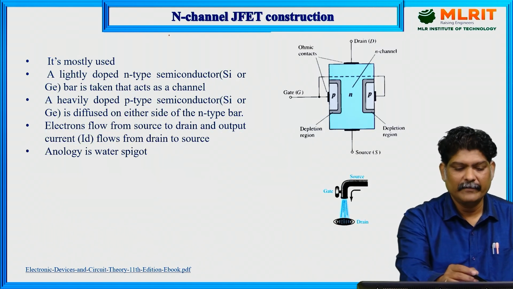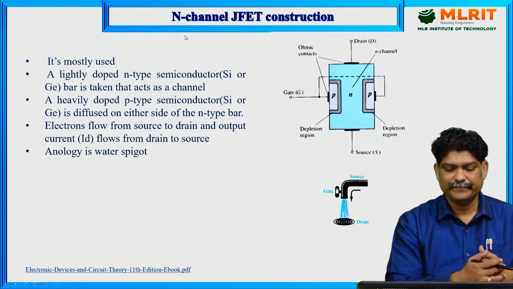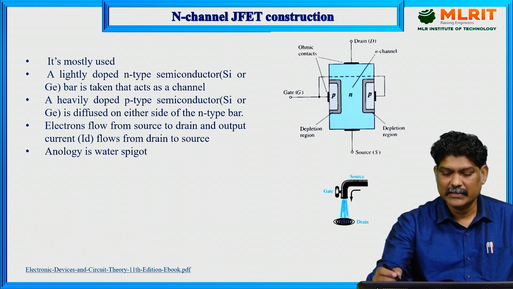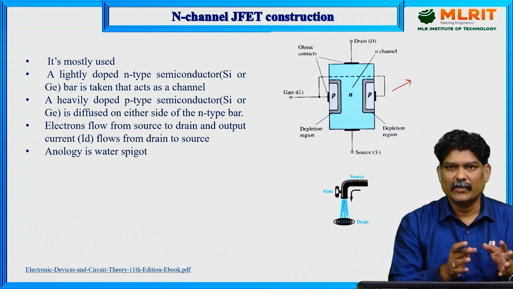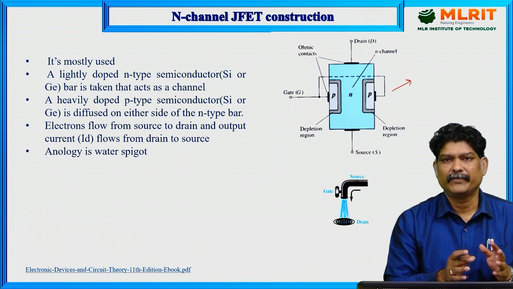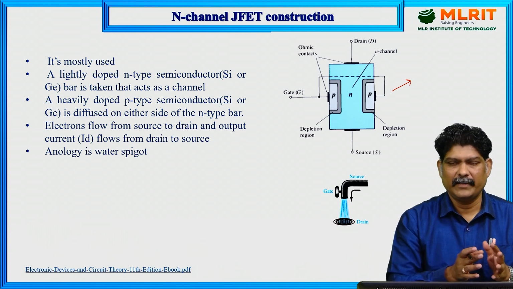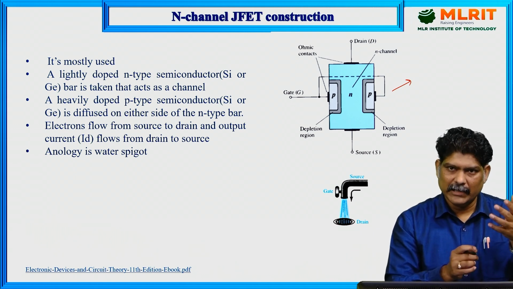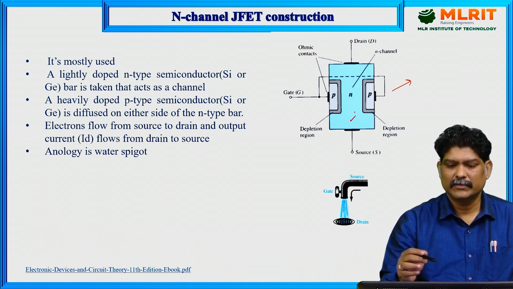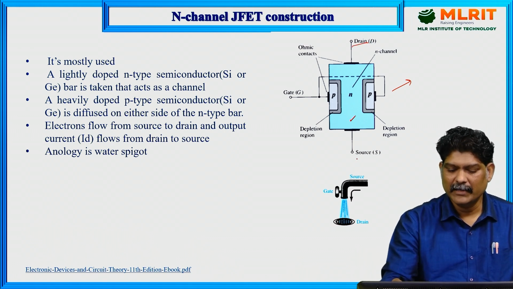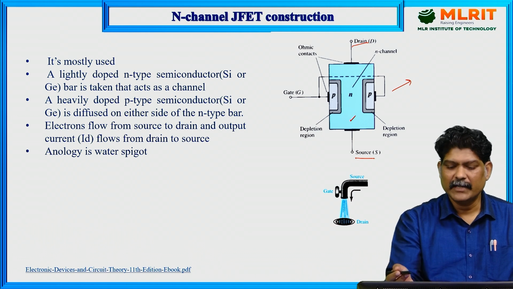So we have the N-channel JFET construction. Coming to the construction, to construct an N-channel JFET we require a lightly doped N-type semiconducting bar like this, which forms the drain terminal and source terminal on either side of the N-channel.